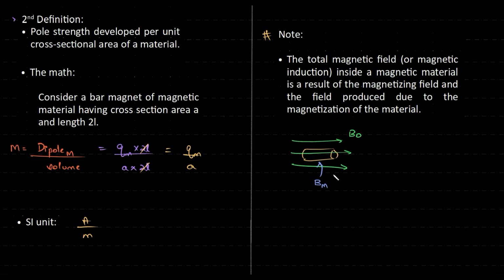As a whole, the material becomes a very strong magnet. Actually, let me show this. I have the perfect video for this. Okay, guys, I have it here for you.